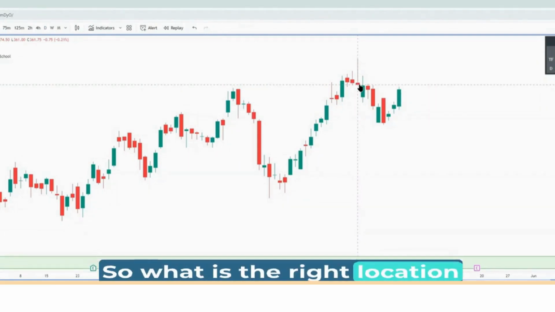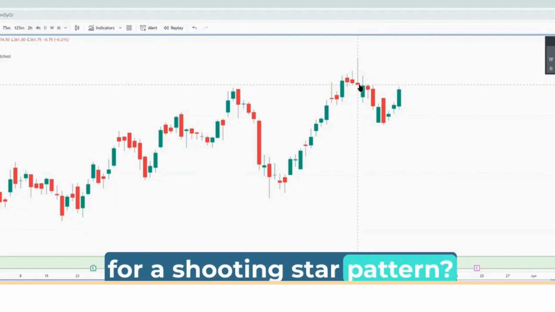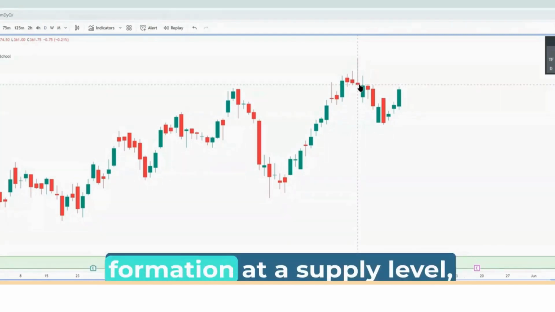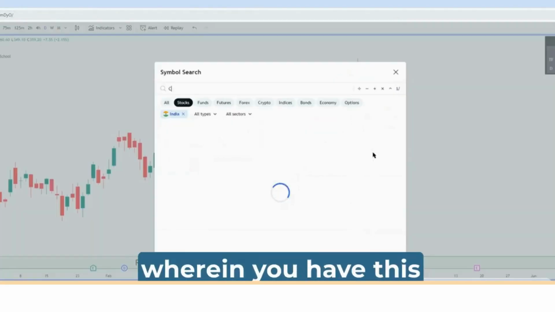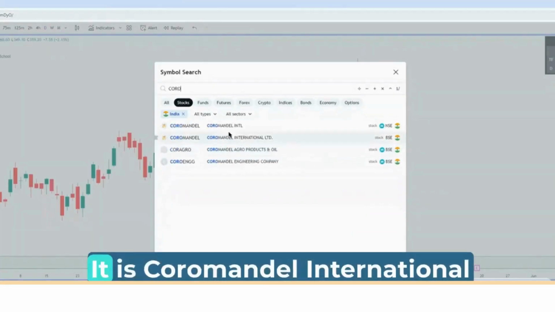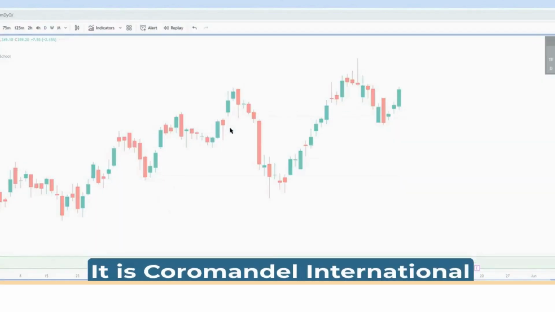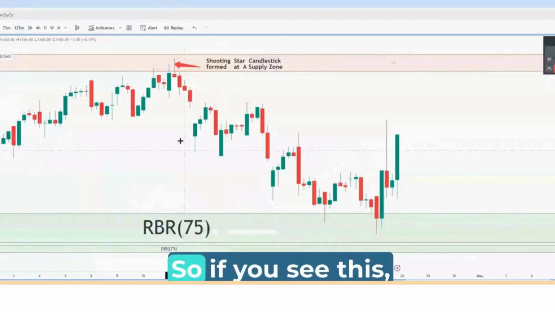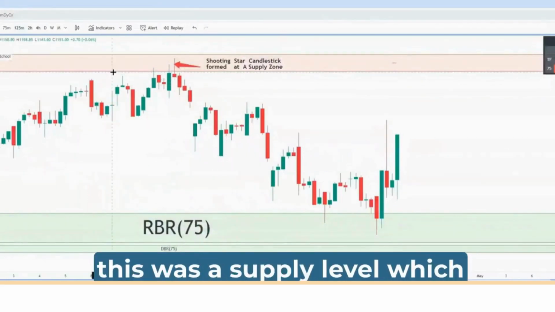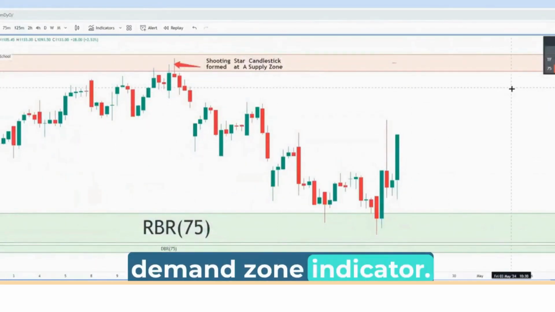So what is the right location for a shooting star pattern? So if you have a shooting star formation at a supply level, let's look at one of the charts wherein you have this kind of a formation. It's Coromandel International and on a 75-minute chart. So if you see, this was a supply level which was plotted by the supply demand zone indicator.